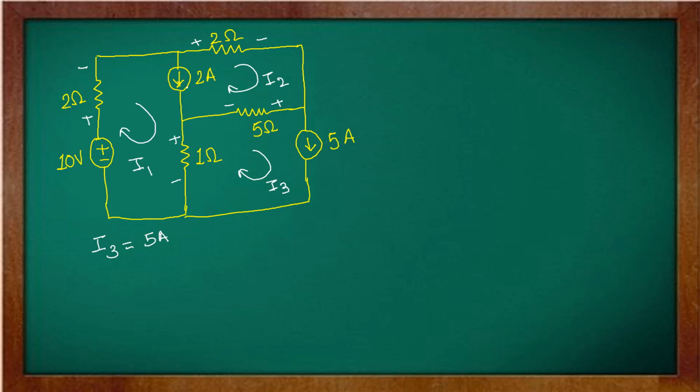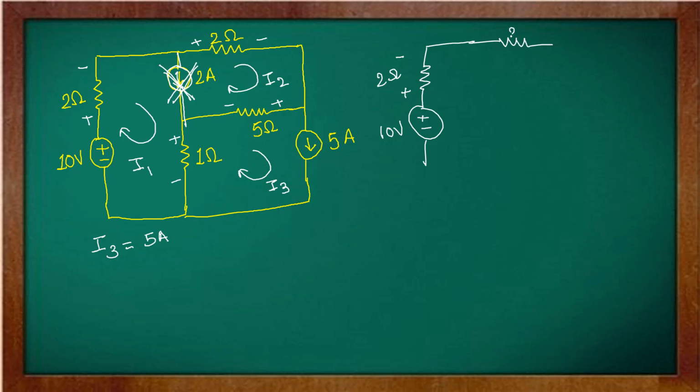In supermesh analysis, because of this source, which creates trouble when writing equations using simple mesh analysis, we just remove this branch and redraw the diagram like this: plus minus 10 volt, a 2 ohm, minus plus, and no need to draw this particular branch.